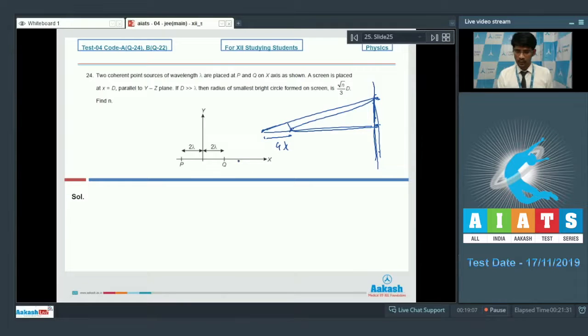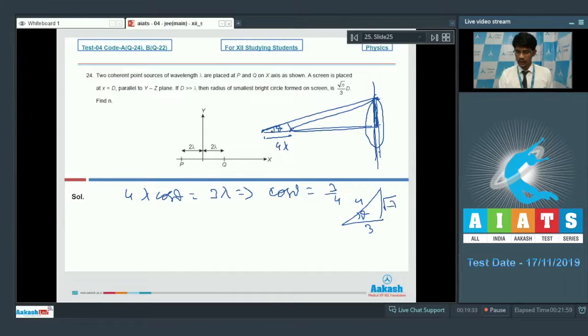Question here is to find the radius of smallest bright circle. We shall have the circular bright fringe here. We need to find the distance. I would say if this angle being theta, here 4 lambda cos theta would be equal to 3 lambda, or cos theta would be how much? It is 3 by 4. So taking this portion being 3, this portion being 4, so this will be root 7, this angle theta.